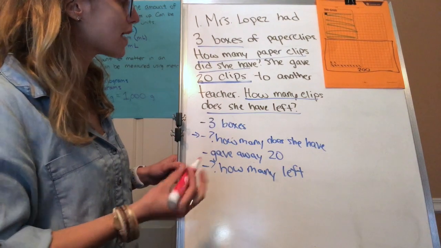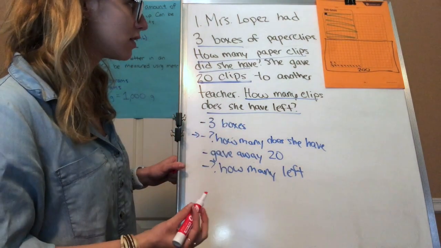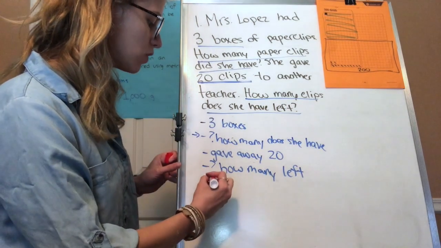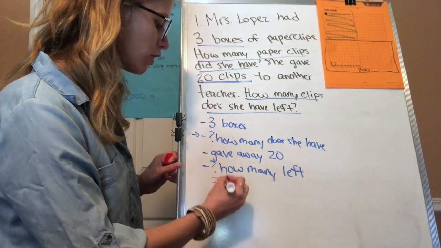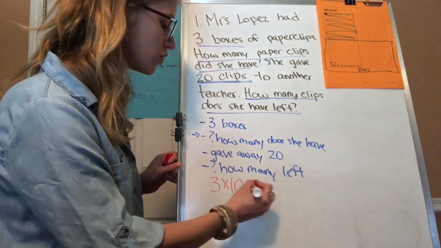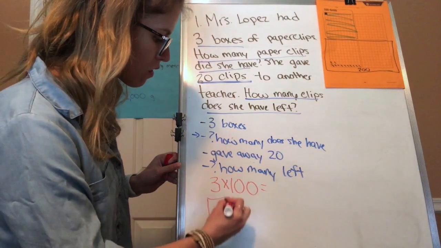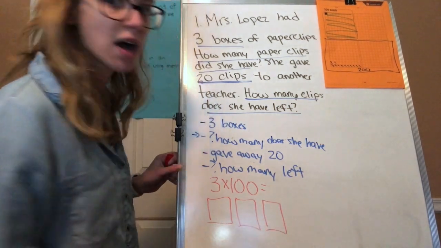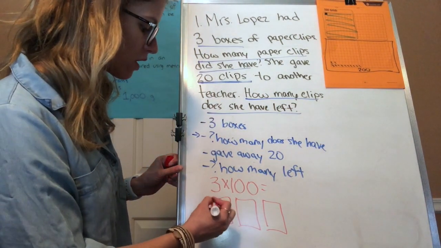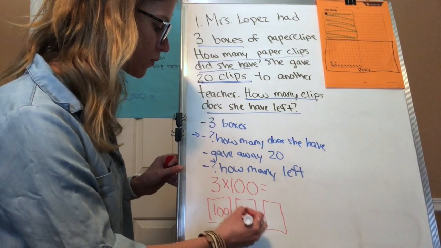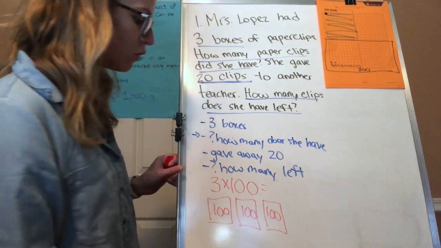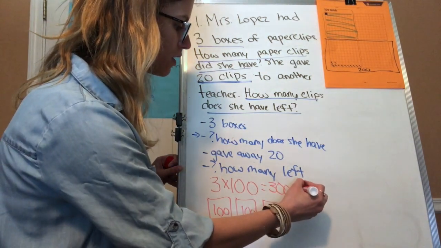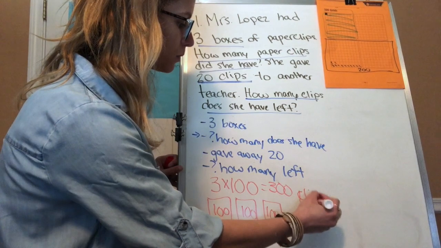If Mrs. Lopez had 3 boxes and there's 100 in each, I can make an equation: 3 times 100, because if she had 1, 2, 3 boxes, there would be 100 in each, which is 100, 200, 300 clips.